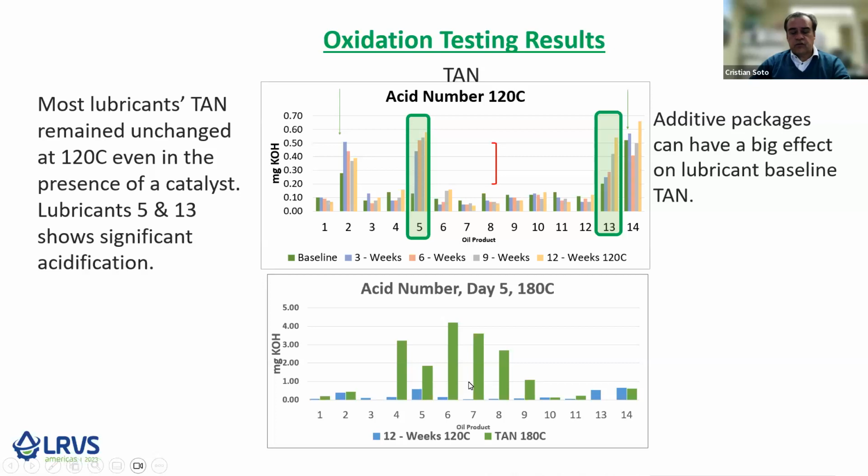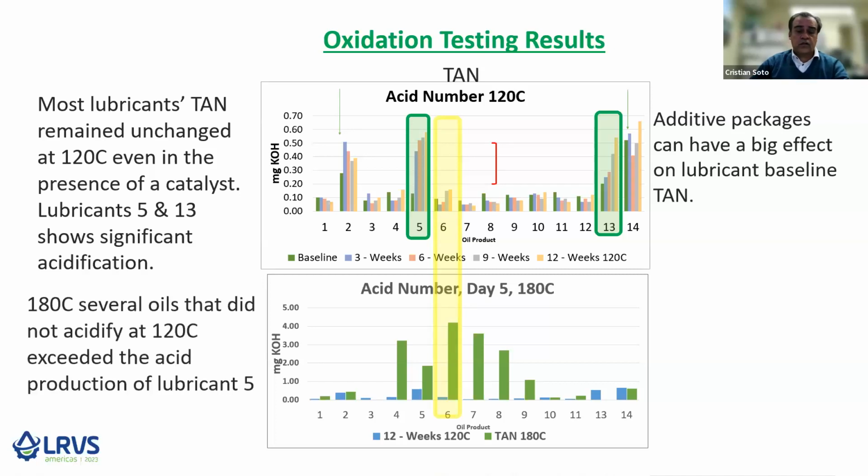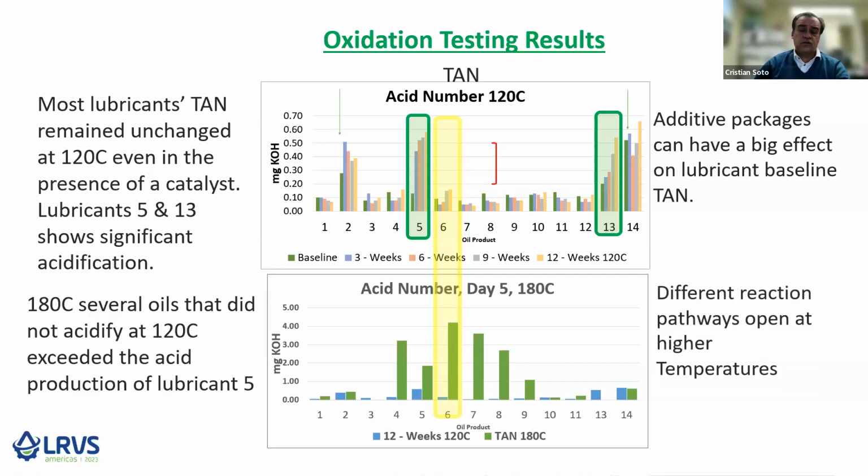Several of them exceed the results of lubricant 5, such as lubricant 6, among others. So why is this happening? Well, the option here is that different reaction pathways are open at higher temperatures, meaning that experimentation at 180 degrees is not just an acceleration of 120 degrees, but entirely different reaction pathways are opening up.